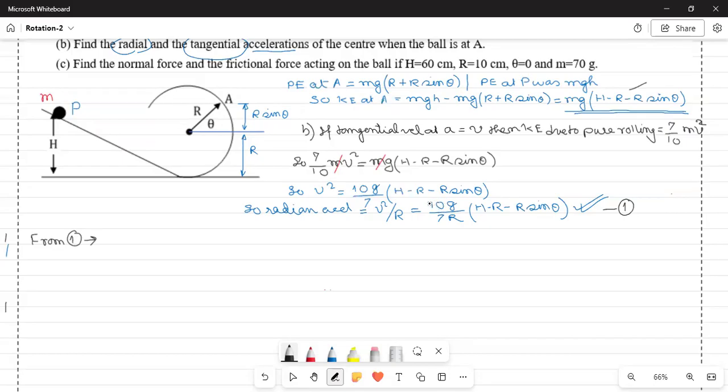So we can write v square equal to, we multiply the right-hand side by r, so this r and this r get cancelled.